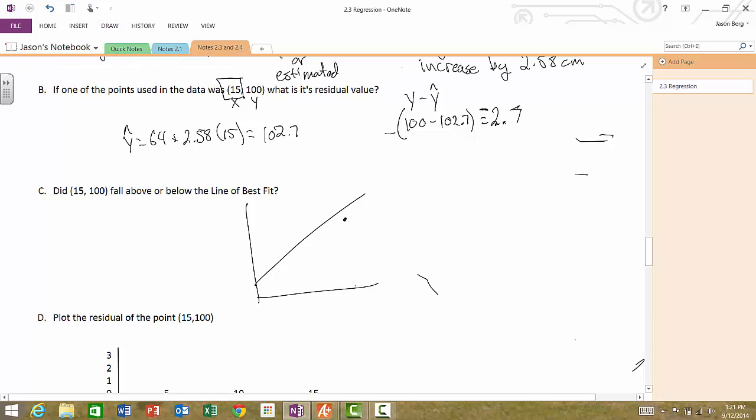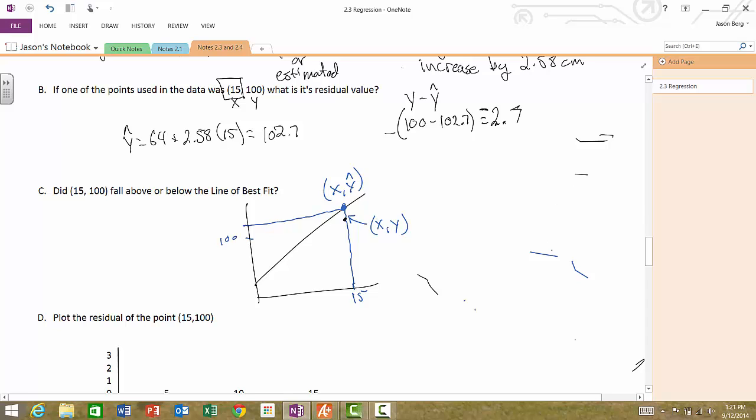If I were to estimate this, let's say this is where x is 15, this is 100. My estimate, I would do it by going up to the line and coming across. So here is my x, y hat value. This is my x, y value.